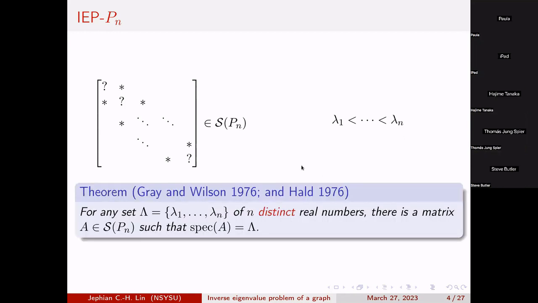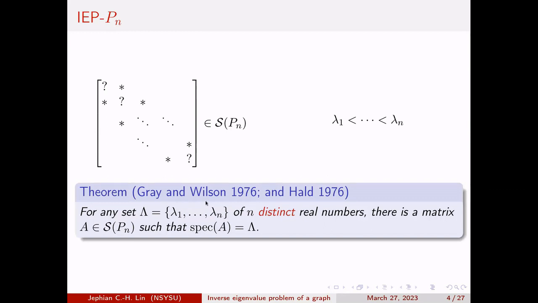It turns out that back in '76, Gray, Wilson, and Hall, both of them independently published papers saying that this is the only condition that you need to achieve a matrix in S of Pn. That is to say, as long as you have n distinct real numbers, they could be realized by a matrix in this set.